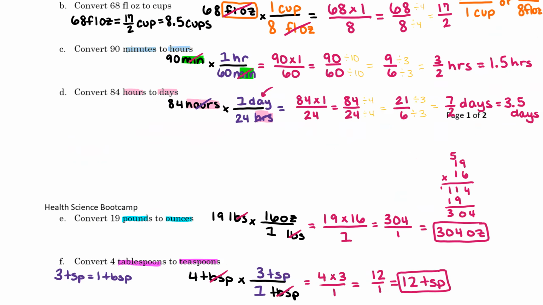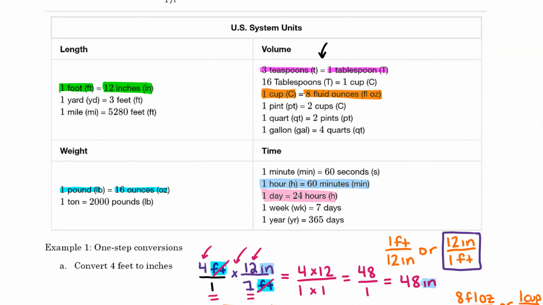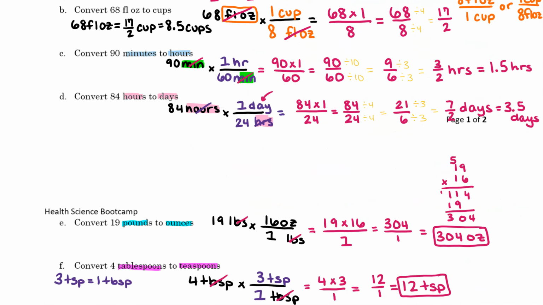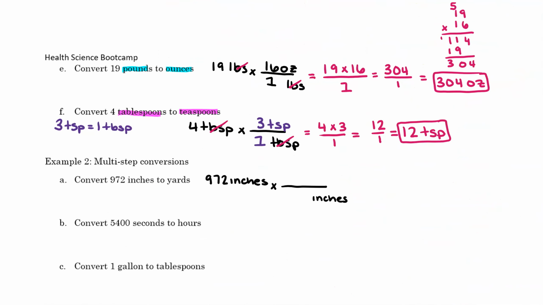Well, let's look here, inches and yards. I don't have anything in this conversion table for length, which converts inches into yards. But I know that 12 inches makes a foot, and 3 feet equals 1 yard. So I'm going to use both of those. I'm going to say, okay, there's 12 inches in 1 foot.